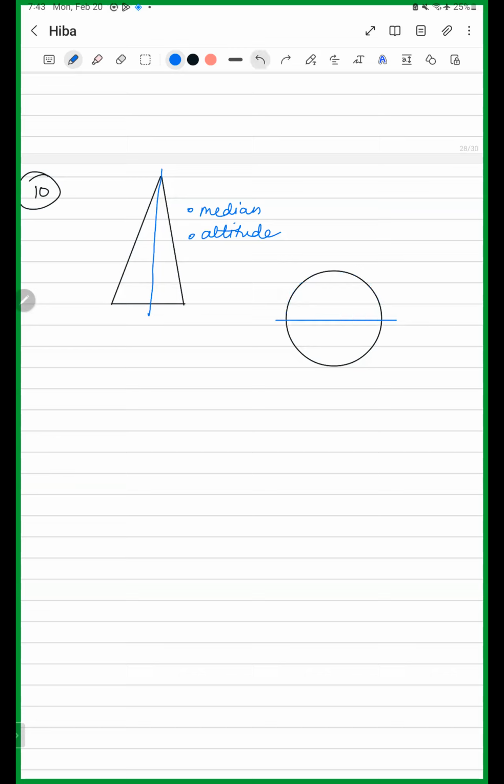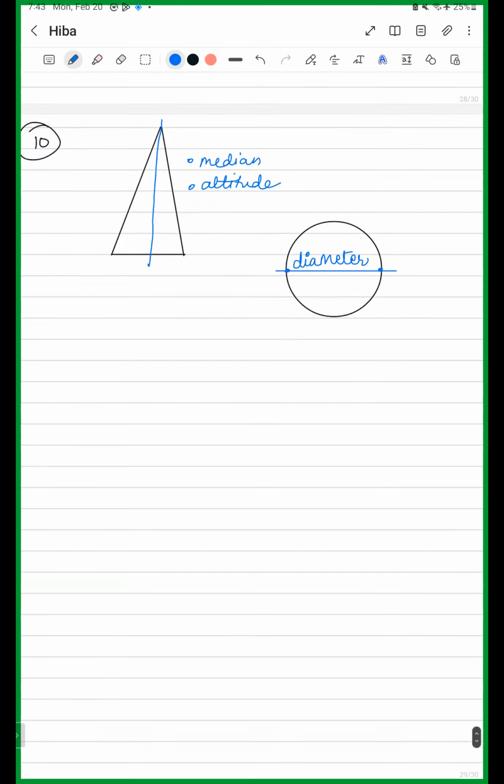You're talking only about the blue line. What is it called? From here till here. What is it called? बताइए. Diagram. No. Oh, diameter. है ना, diameter.